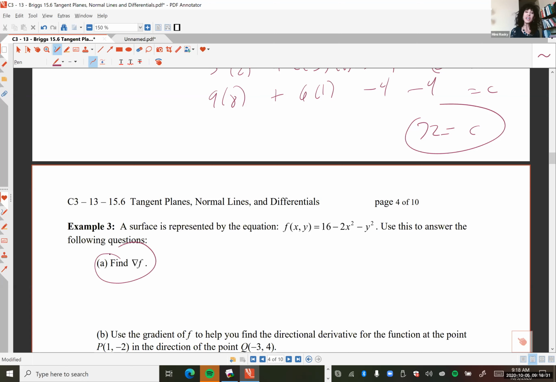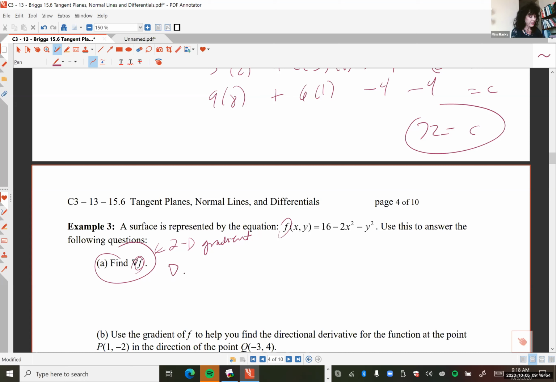First up, they're asking you to find little del f. So see how they have a little f there? And here's little f. So this is a fancy disguised way of saying go get the two-dimensional gradient, not the three-dimensional that we've been doing since the start of the lecture. So you should know that there's a difference.